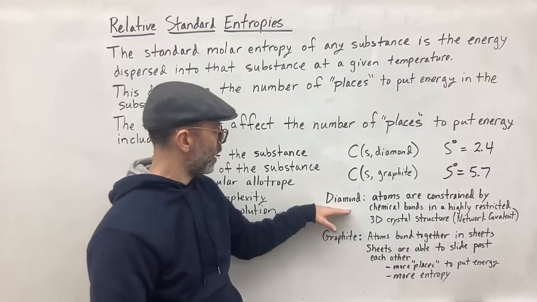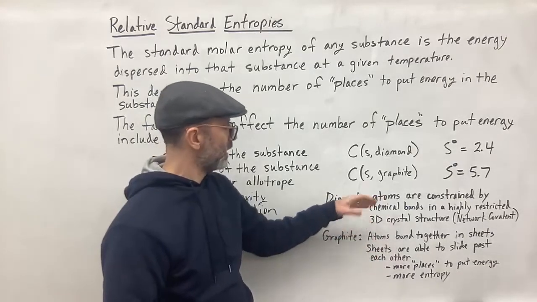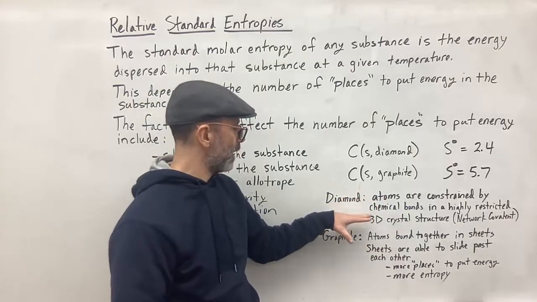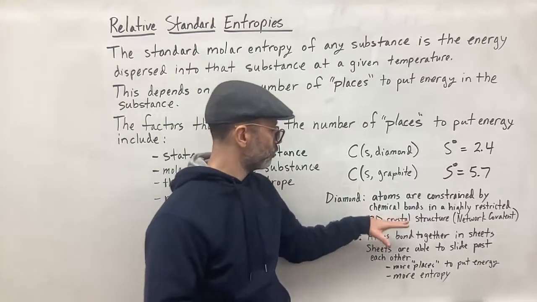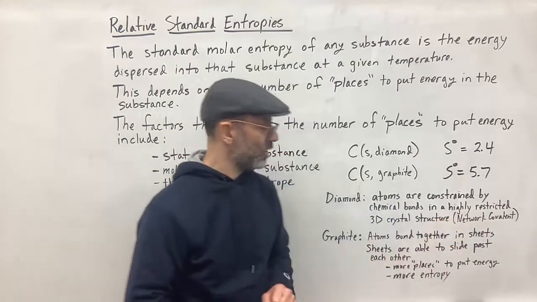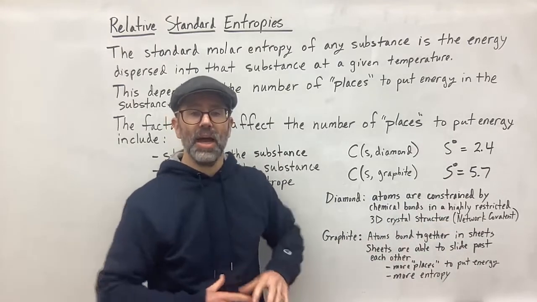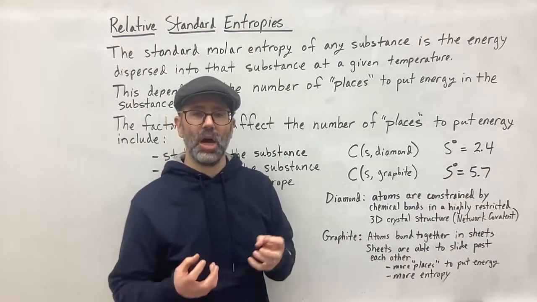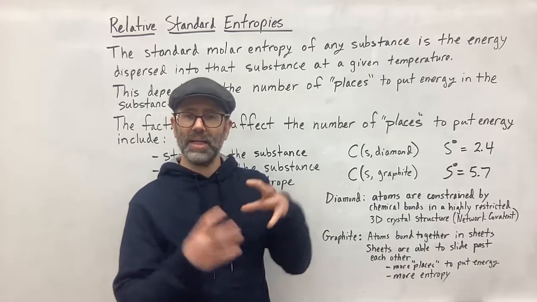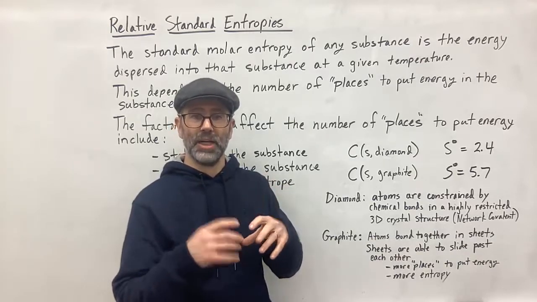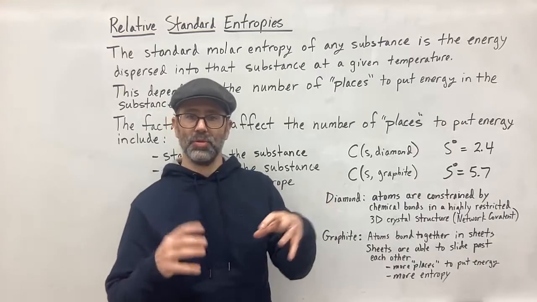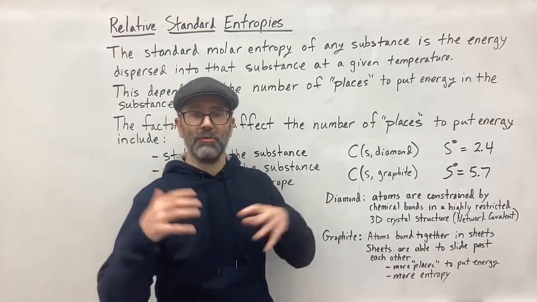In diamond, the atoms are basically constrained by chemical bonds in a highly restricted three-dimensional crystal structure. This is known as a network covalent solid. And what does that mean? It means basically the carbon atoms are all bonded to each other in a mesh form where each carbon atom is bonded 4 times to other carbon atoms, which are then themselves bonded 4 times, and so on.